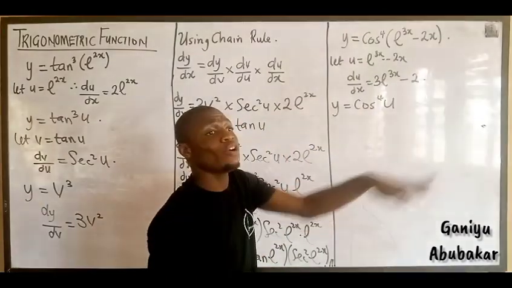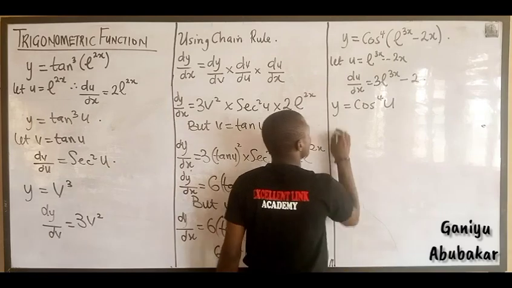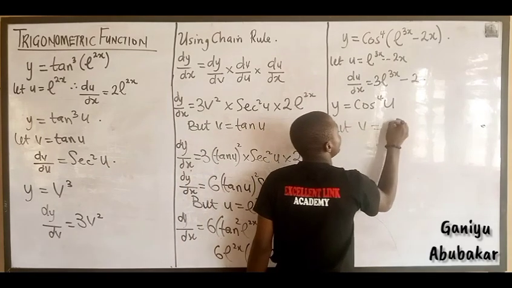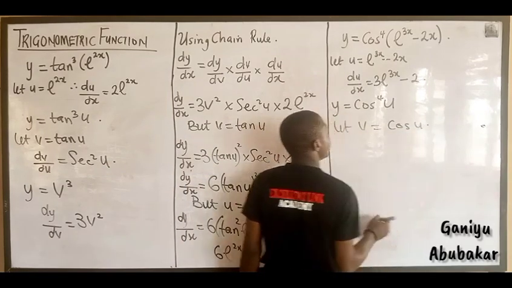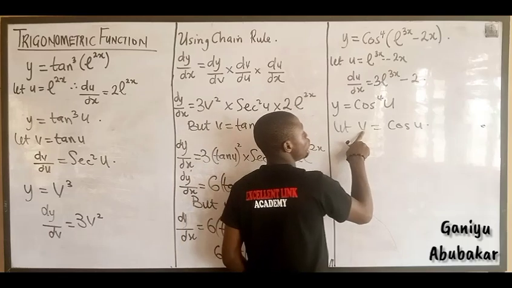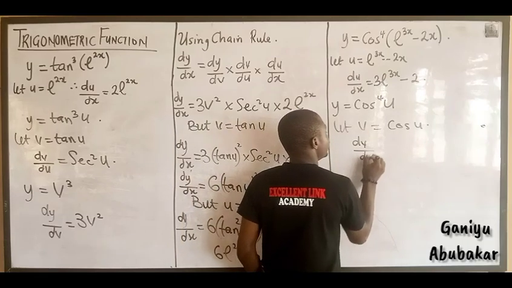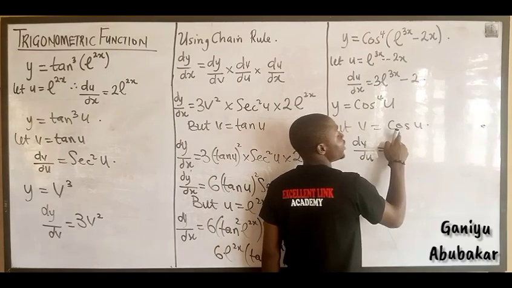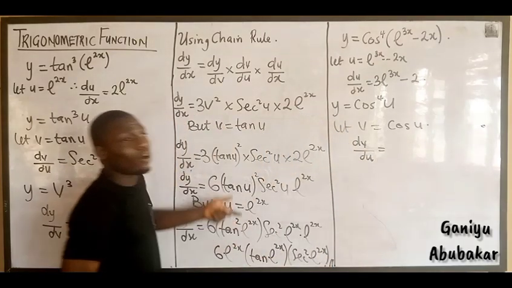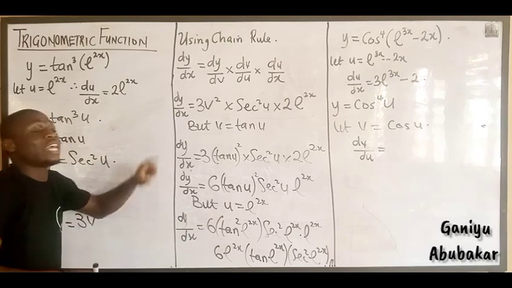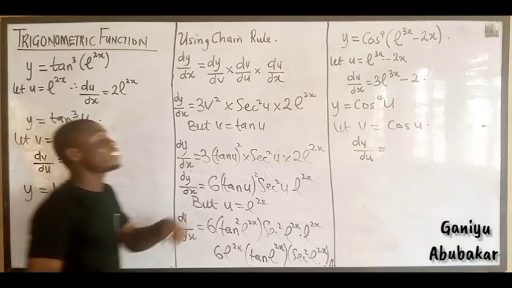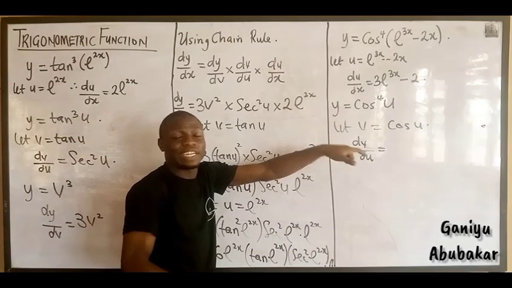Hence, let v be one of it, as we said initially here. So let v be cos u. Relative to u, I will have dv/du equal to, from our concept, if I differentiate sine x, I will have cos x, and if I differentiate cos x, I will have negative sine x.